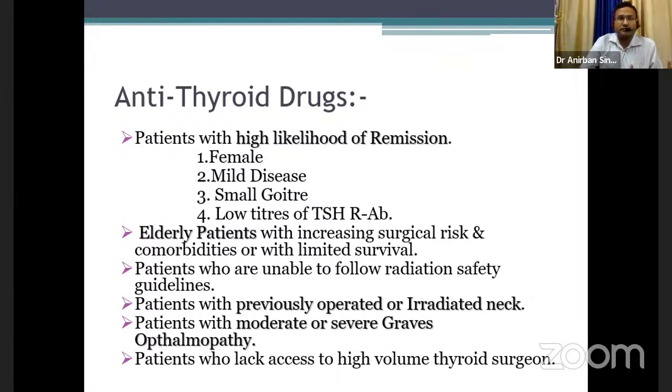Again, when the surgery option is absent and the patient has orbitopathy, because radiation can aggravate orbitopathy, we have to go for antithyroid drugs for remission initially, until the orbitopathy goes down.